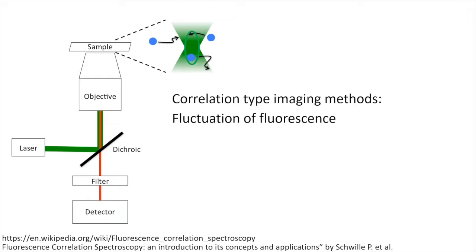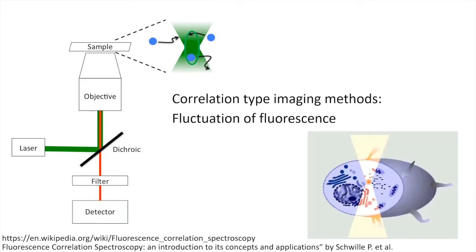This fluctuation can contain lots of information, for example, the diffusion of your molecules and the blinking from the photophysics of your molecules. So by analyzing the fluctuation, you can get lots of information. For example, if you focus in the cell, you can see the population in this focus by using FCS.